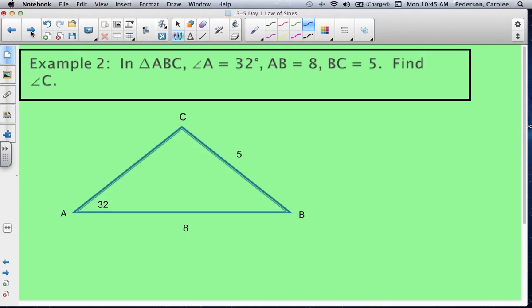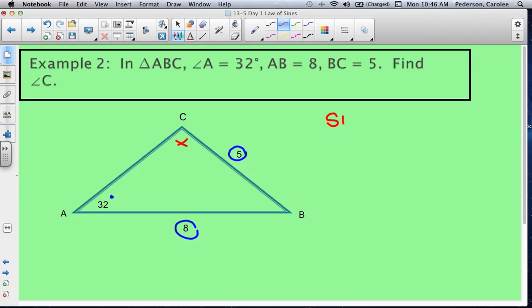All right, let's go on to this example. Here's a triangle ABC, and we're given the angle A is 32 degrees, side AB is 8, and then side BC is 5. And we want to find the missing angle, C. This is our unknown, so we're going to use the law of sines. So we set up a proportion.